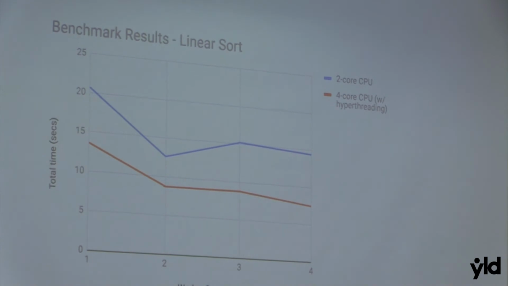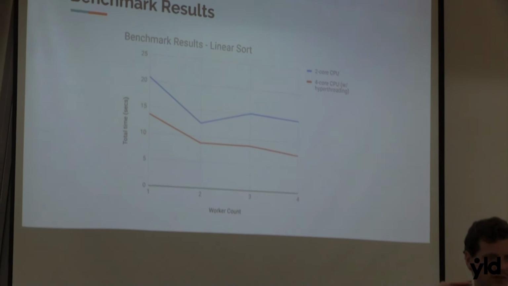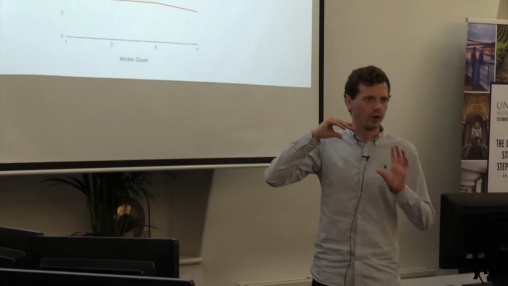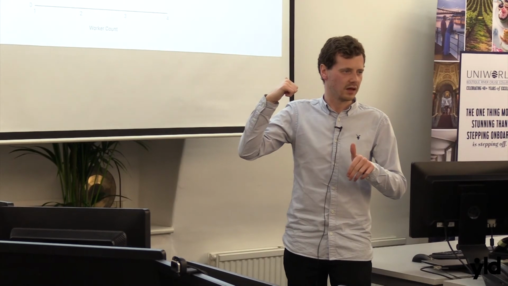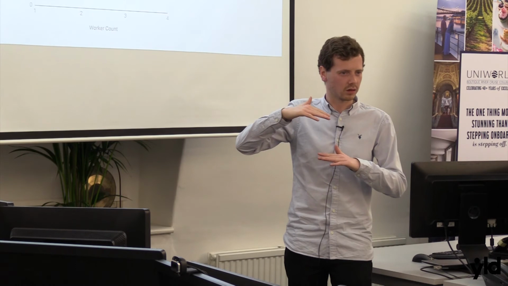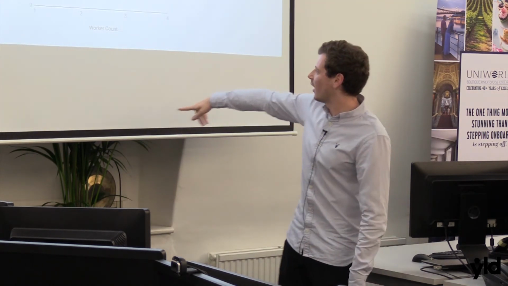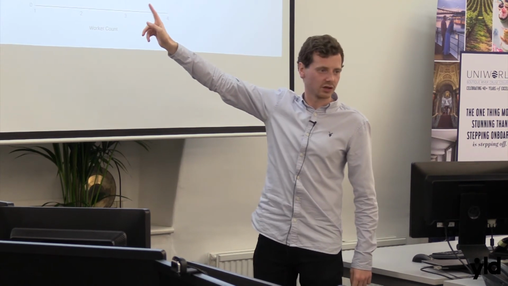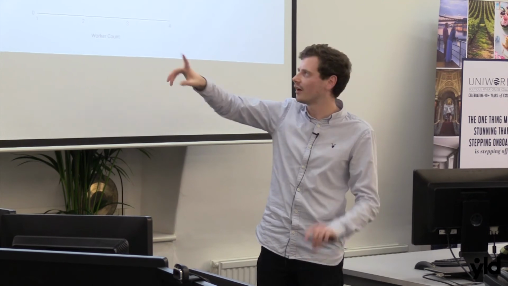On a 2-core CPU, what this benchmark script essentially does is try to run in parallel in this child process about 10 concurrent requests to sort numbers files. With one worker it took about 20 seconds to sort the file maybe about 10 times.